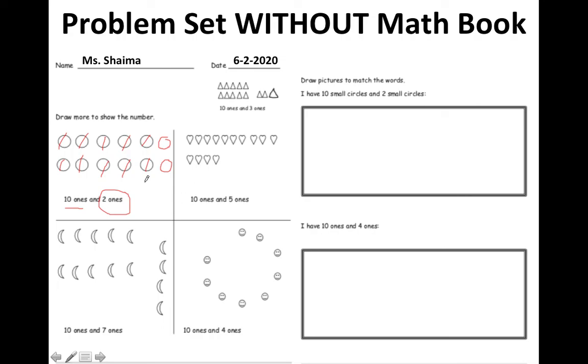That's what we call I do, we do, and you do. So the first problem I showed. The second one, you can do together with your parent or guardian, and the third one, you do by yourself, but with the help of your parents in terms of reading the direction. Your parents are going to read the direction and ask you questions which will help you come up with the answer.